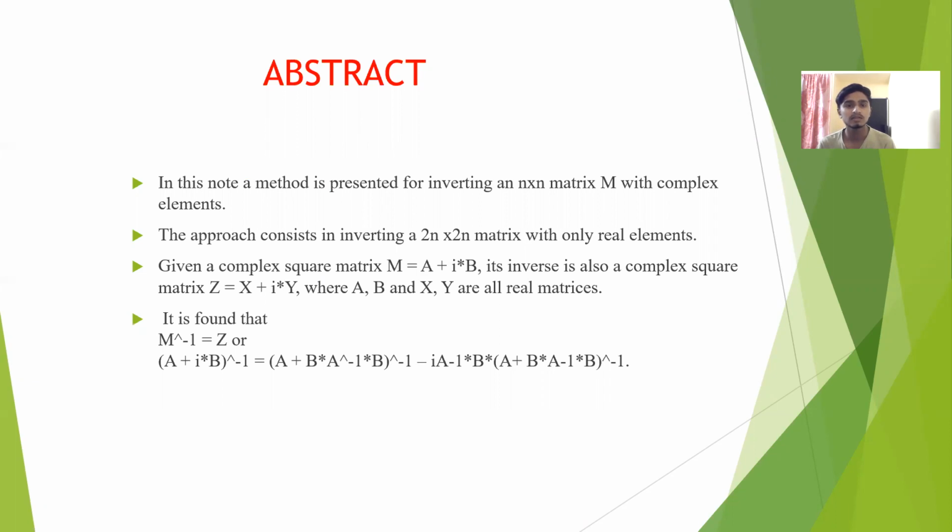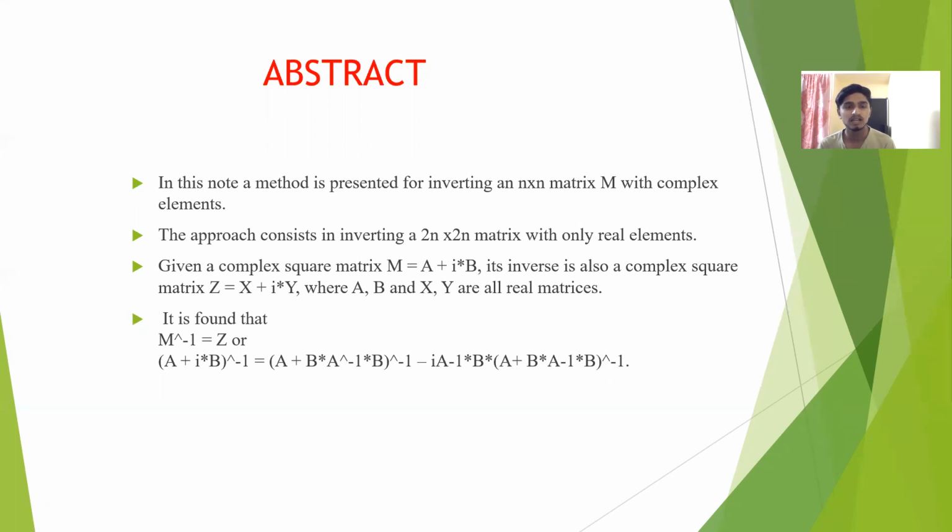Given a complex square matrix M equal to A plus i times B, its inverse is also a complex square matrix Z equal to X plus i times Y, where A, B and X, Y are all real matrices.